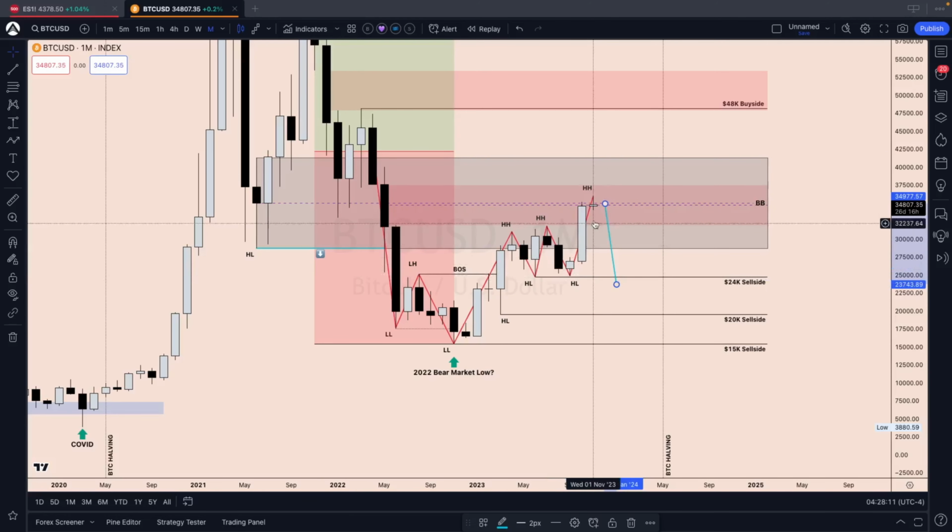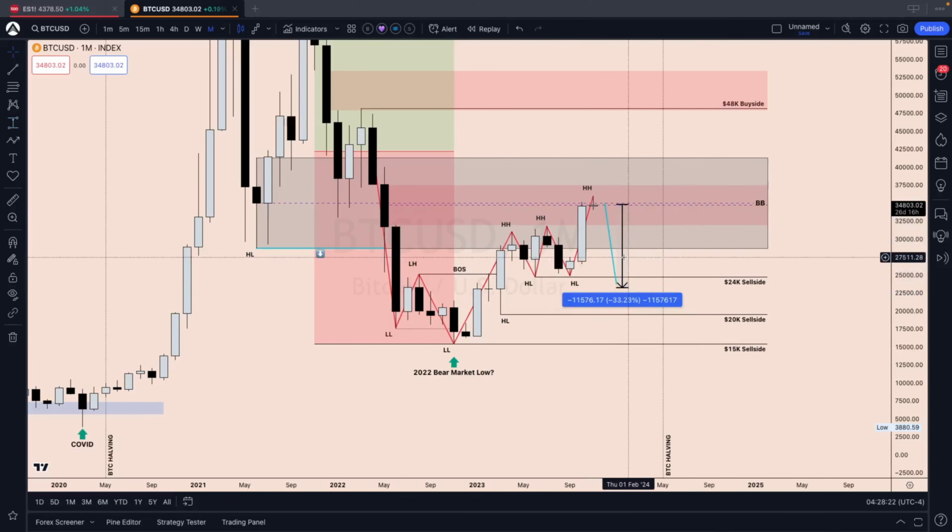Just because the retail traders buy up here, they're fearful because Bitcoin dropped 33% and their portfolio is down 33%, and they're selling it again. And retail investors selling Bitcoin again leads to institutional players being able to buy it back at a cheaper price, because they have the deep pockets to do so.